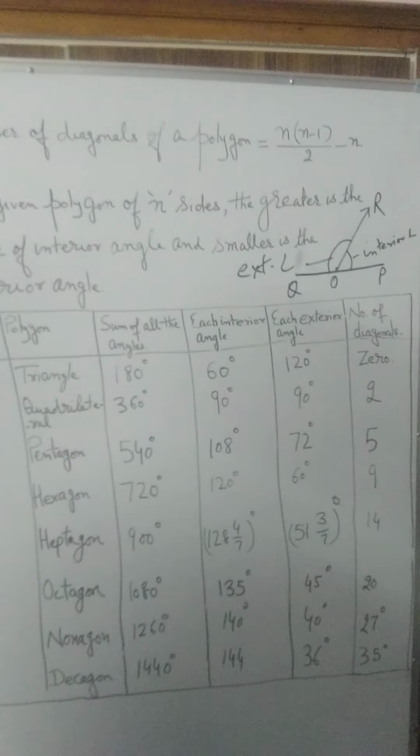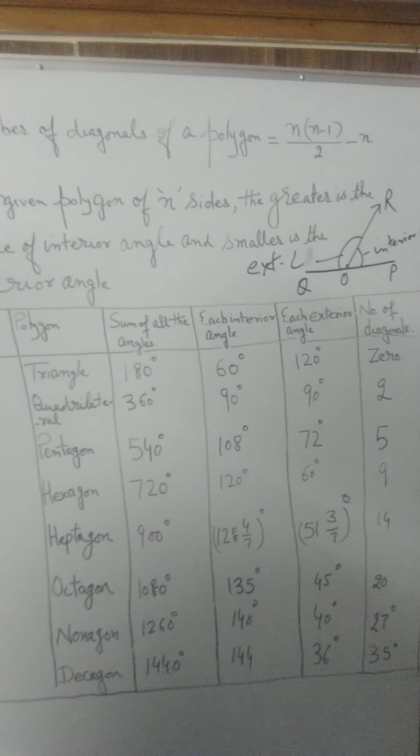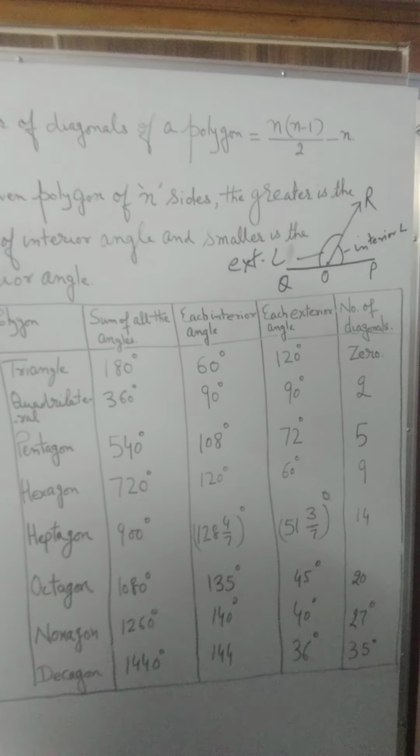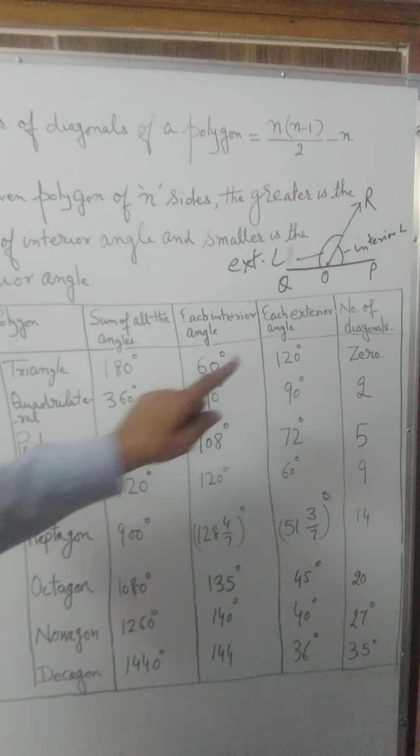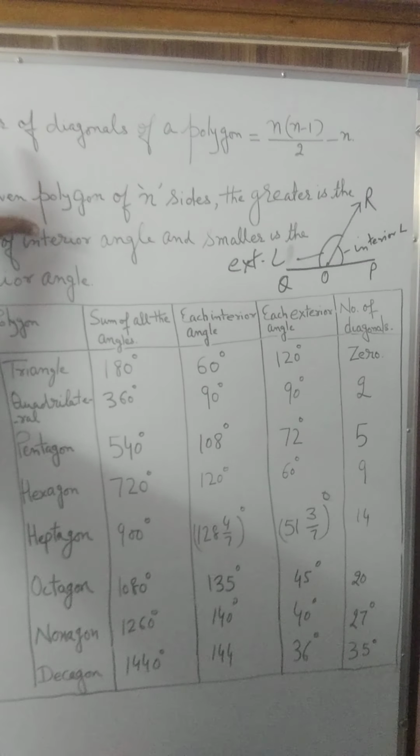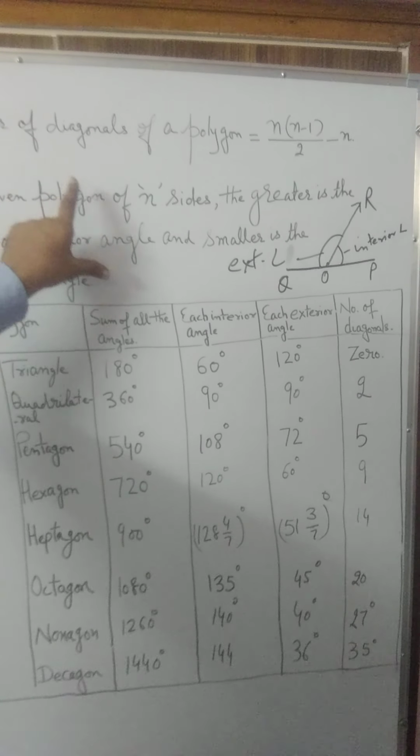So in this way, I have constructed a table for you to memorize these 6 properties. If we know how many sides a polygon has, then with the help of the above mentioned 6 properties, we can solve it completely by using the above mentioned formulae also.